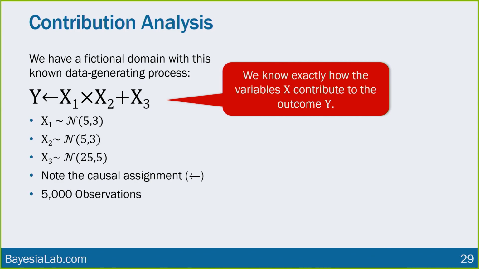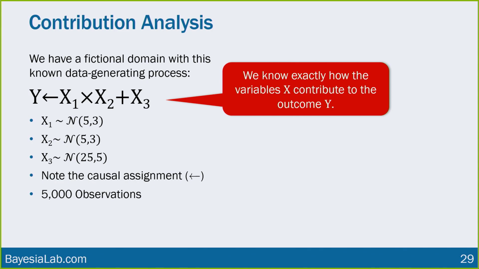We have a system, a domain, where we have a variable y that is caused by x1 times x2 plus x3. So we know exactly from this formula how the variables x contribute to the outcome y. We also know the distributions of these variables.